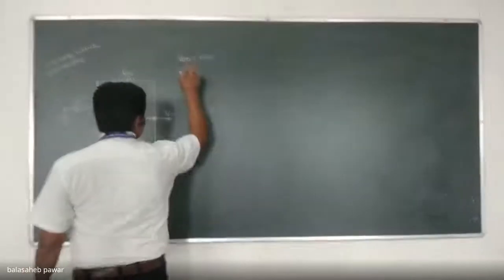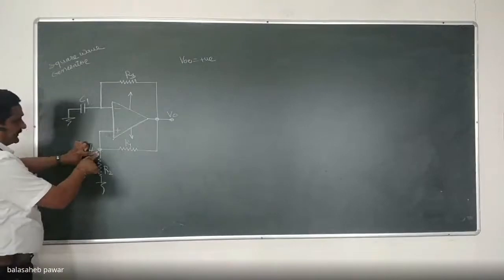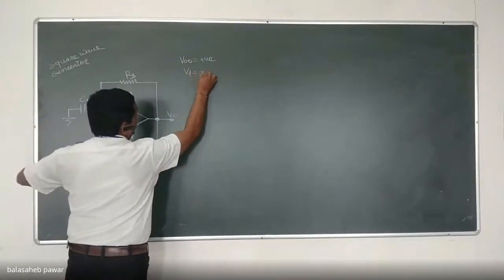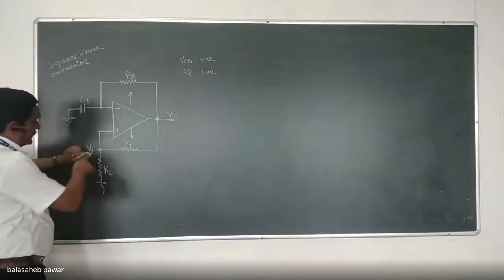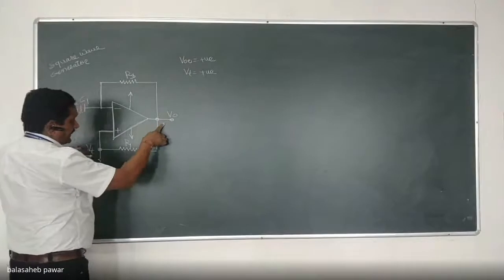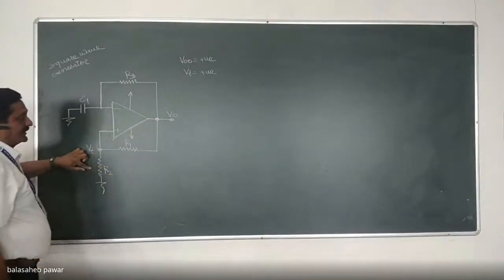So due to that output offset voltage, there will be somewhat of a VT, and the nature of that VT will again be positive. So how much will VT be? That VT will be equal to the output offset voltage times R2 divided by R1 plus R2, simply by the voltage divider rule.